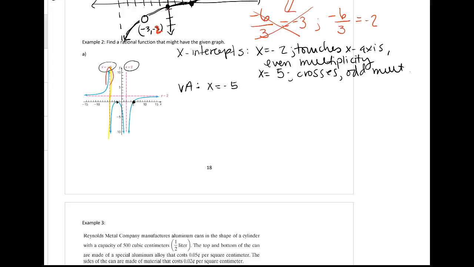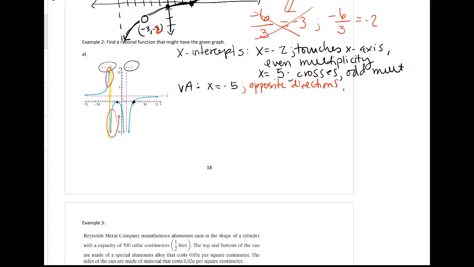One curve is going up and one curve approaching this VA is going down, okay? Because I have 2 curves approaching the same VA going in opposite directions.